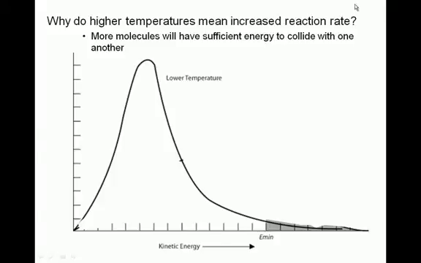Now, we want to answer a question like, why do higher temperatures mean increased reaction rates? Well, more molecules have sufficient energy to collide with one another. Here is a graph of something with a low temperature.